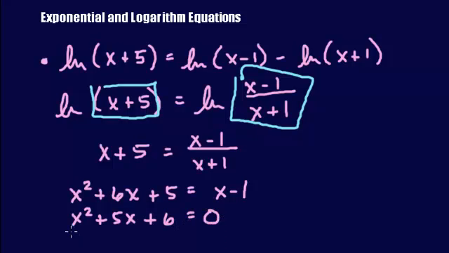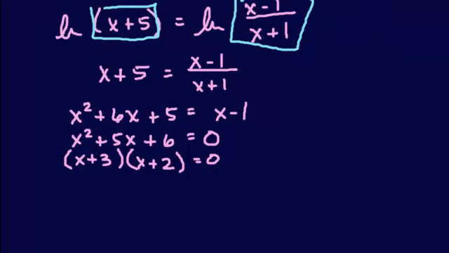This is going to give me x plus 3 and x plus 2 equals 0. Not done yet. You might want to be, but we're not. So let's scroll this down a little bit. x equals -3 and -2.